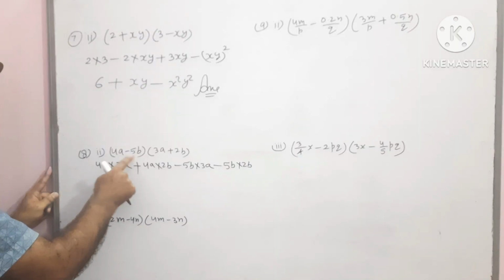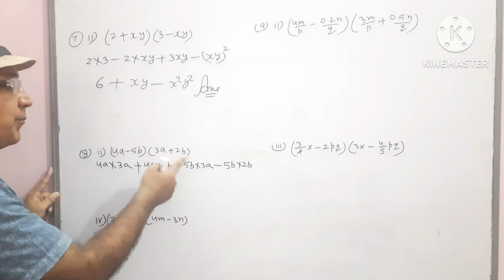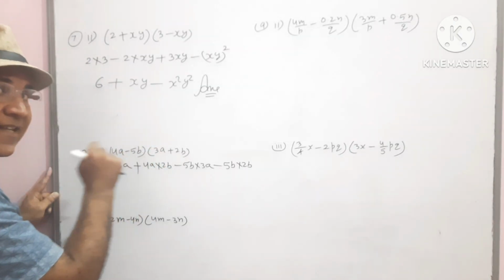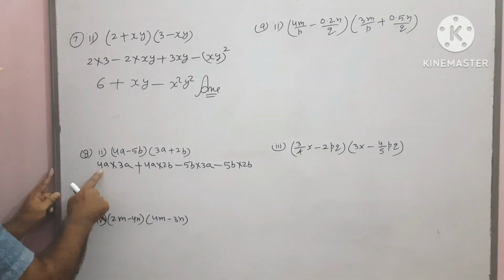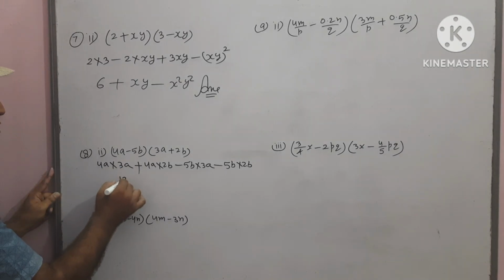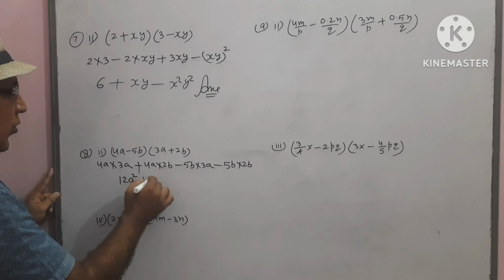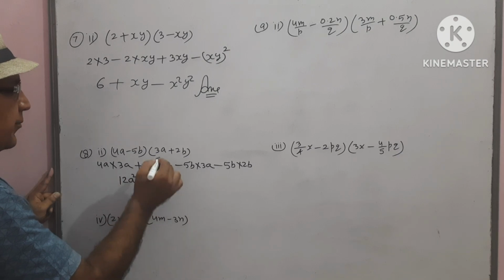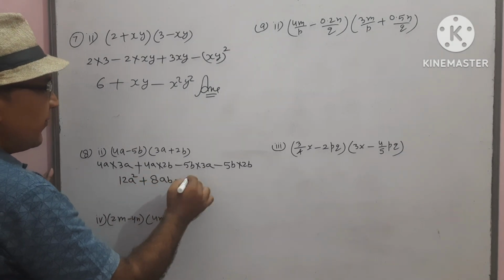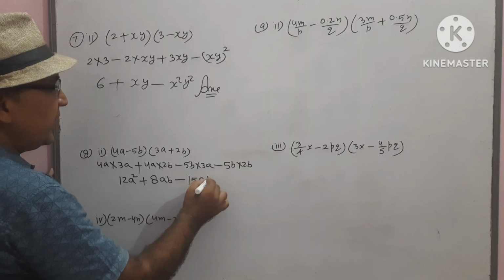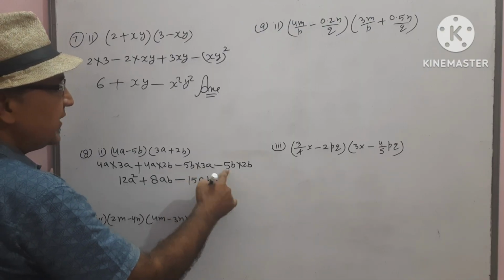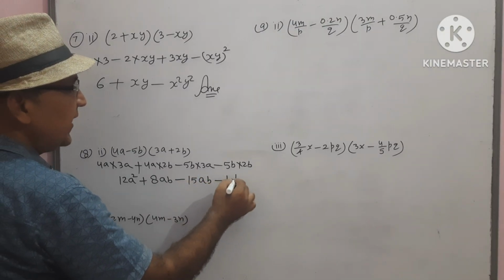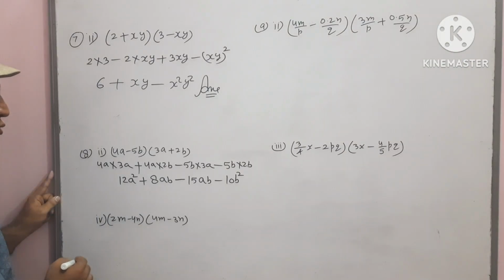Each term of the first bracket will be multiplied with each term of the second bracket. Okay? Now 4 into 3, 12, then a square. Plus 4 into 2, 8ab. Minus 5 into 3, 15ab. Minus 5 into 2, 10, and b into b, b square.